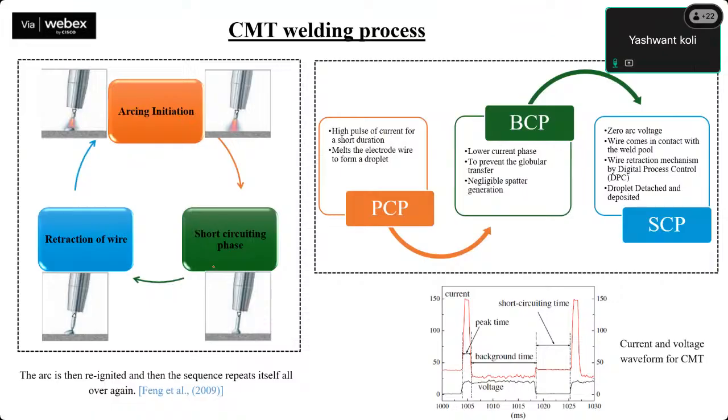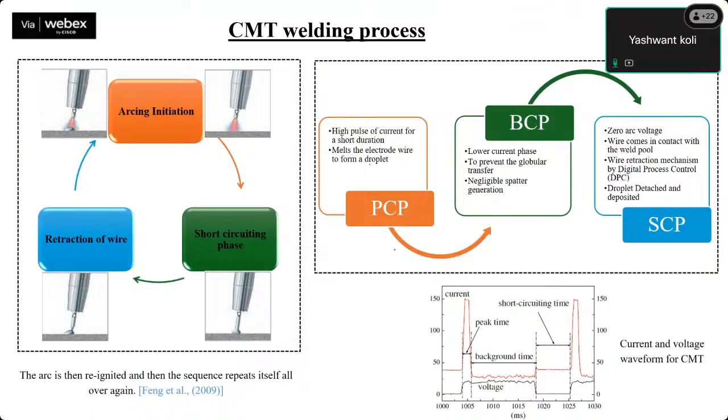This is one cycle of CMT. How the current and voltage waveforms behave can be measured by an oscilloscope. If we integrate oscilloscope sensors in the CMT machine, we can get the current and voltage waveforms. We can track at what millisecond how much current and voltage there was, and measure it easily.